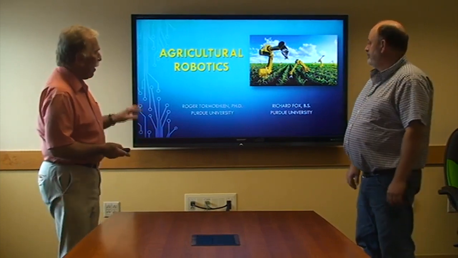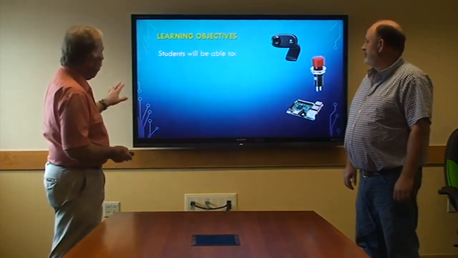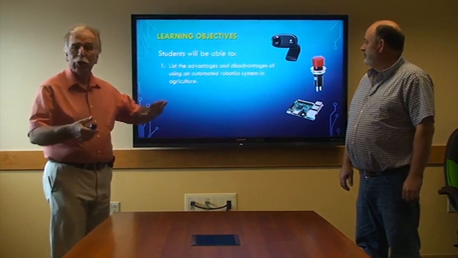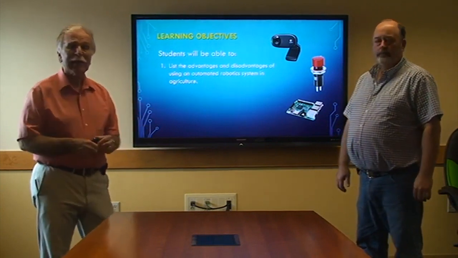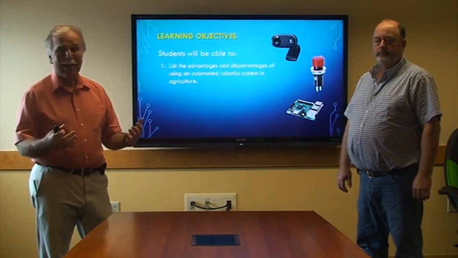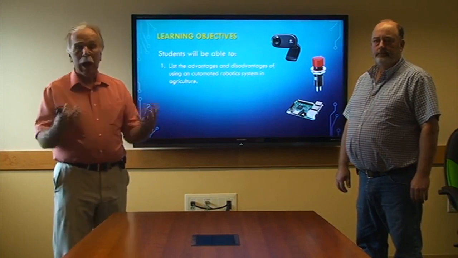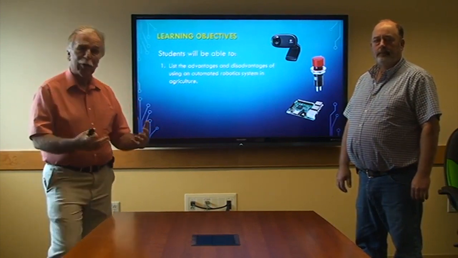So let's look a little bit at some of the learning objectives for this project. One is we want the students to understand the advantages and disadvantages of robotics in agriculture. Some of the advantages you might think about would be labor. If the system's automated and does it by itself, you don't need as much labor.